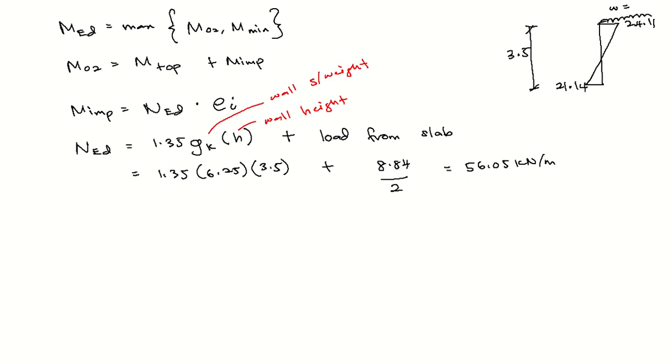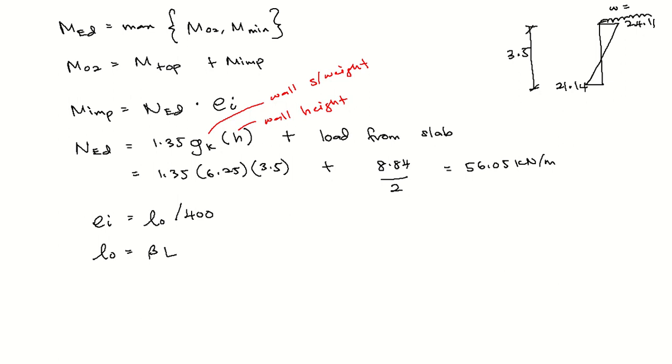Next, we have figured out NED. Next, EI, the eccentricity: L0 divided by 400. You don't know the L0 yet. L0, the effective height, equals beta times L, which is the clear height.